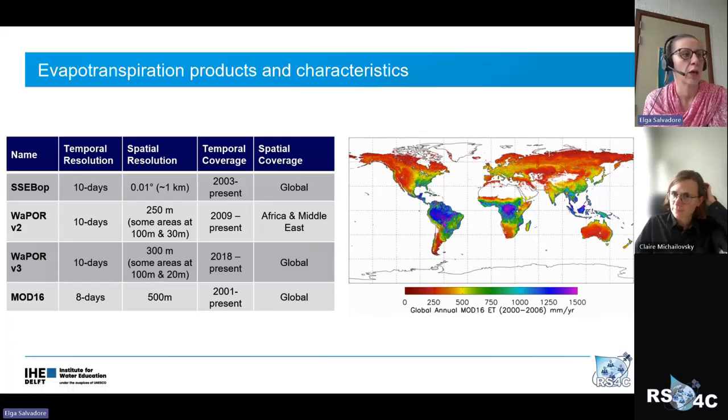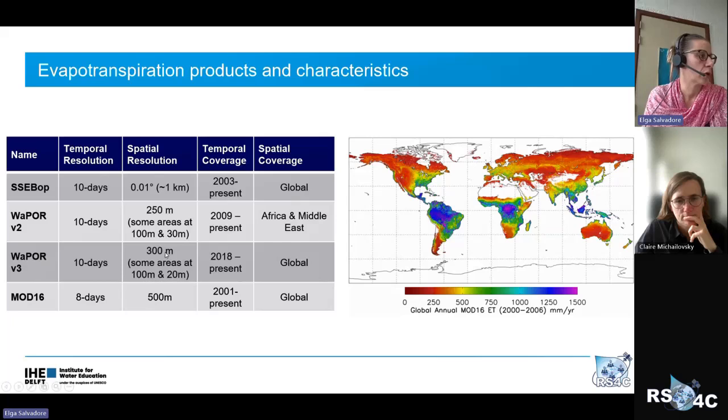You will see in some locations you have up to 1,500 millimeters, these violet zones, or in the red part you have very little evapotranspiration. And this can be because there is little water availability, or because of desert conditions or arid countries where you don't have vegetation. You have, again, a choice of multiple products.